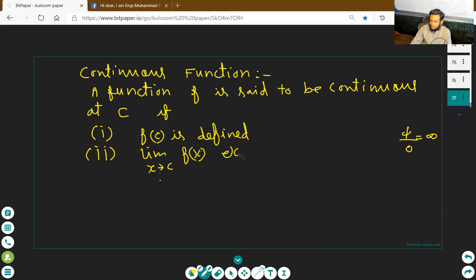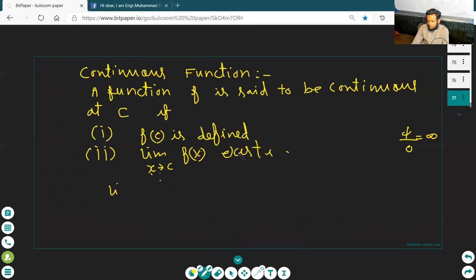What is the meaning of this? It will exist if we approach x from the left side of c and the right side of c, and our f of x approaches some constant value, okay?